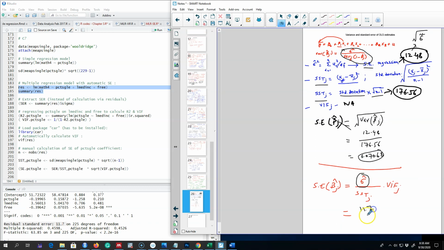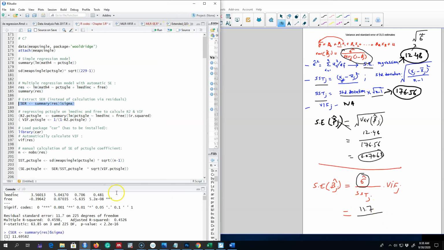So we have our first number here, and the next thing I'm going to do is save this sigma as SER, that is the standard error of regression, because later on I'm going to use this to calculate the standard error of beta j in R instead of writing down everything here. So I'm going to save this SER and see it is 11.69, which is about 11.7.